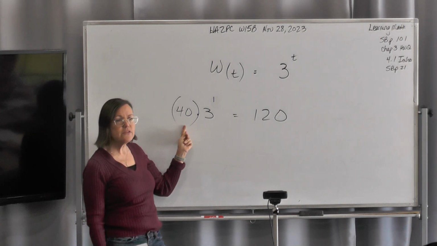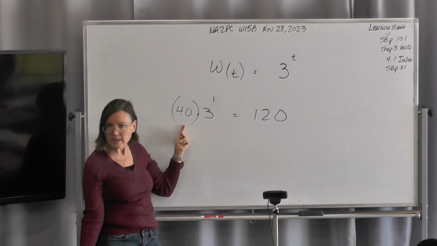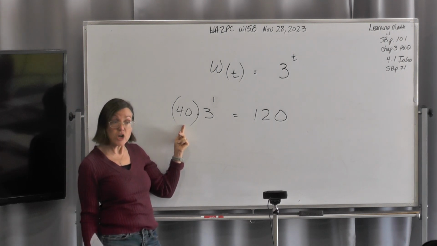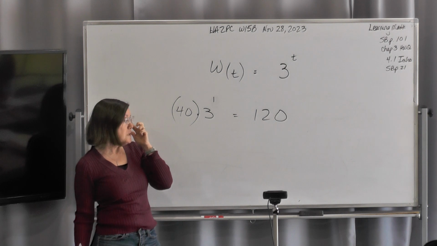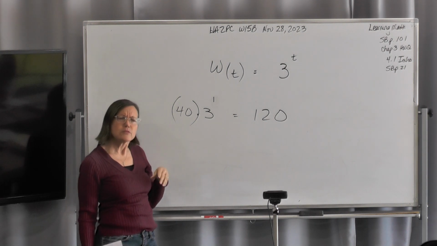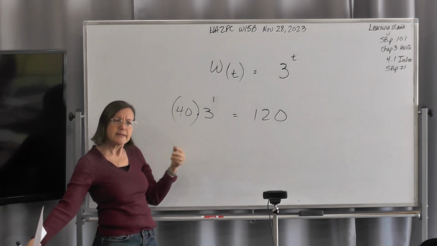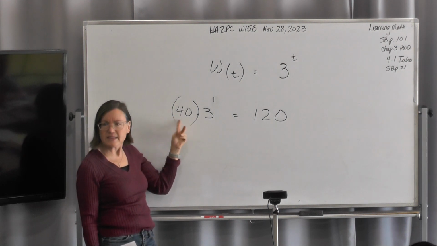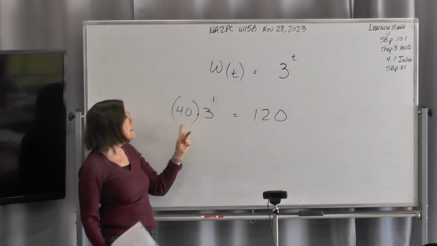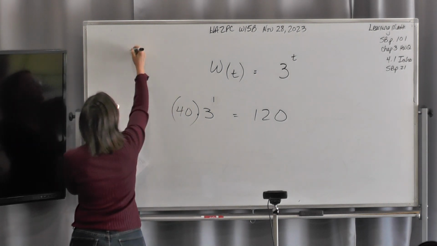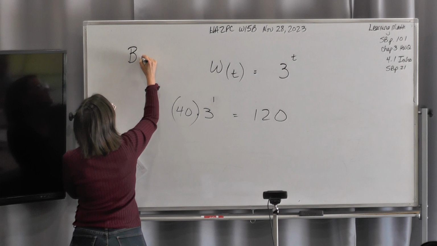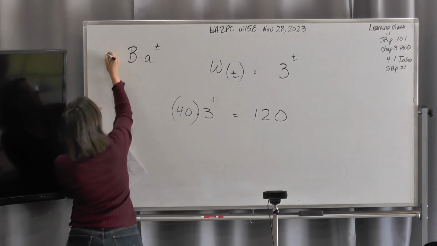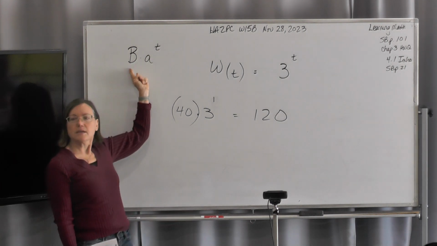So you understand that if you're going to grow something in a lab, you have to have something to start with, okay? Typically you can't, well, I guess maybe you can start with a bacteria, if they split. Now if it's rabbits, you're going to need 2, right? But you've got something that you start with. So when we talk about this form, capital B, a to the t, the B is the start.